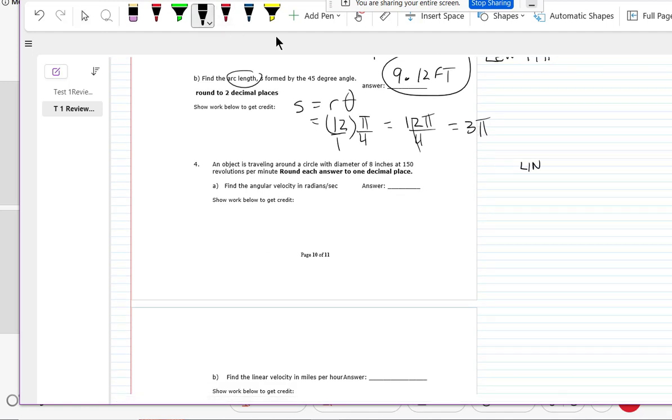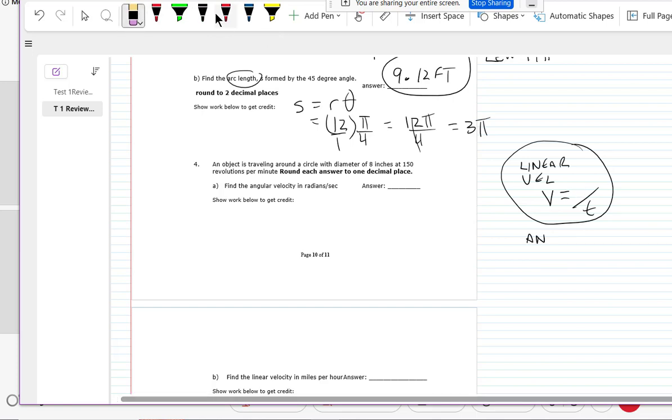For linear velocity, we have the formula V equals theta over t. Hold on, I did the wrong thing. That should be S over t. I'm sorry. That's S over t, S being the arc length.